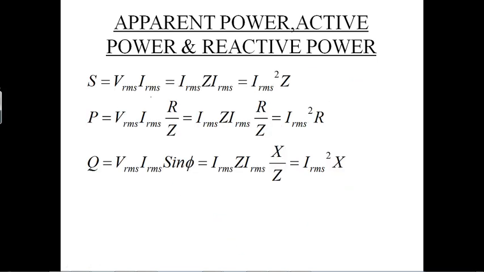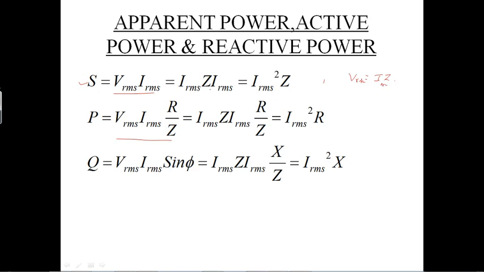One more relation for mathematical purpose. These are the equations we know. VRMS into IRMS is equal to S. Also, I can write V equals I into Z, so VRMS can be written as IRMS into Z, the impedance.